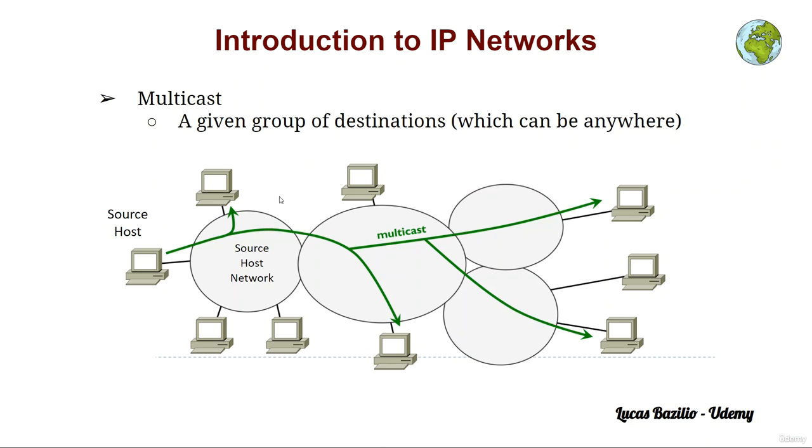So we travel this network, and the datagram reaches this PC. Then through this second network it reaches this PC, and through this other network it arrives at this destination application.